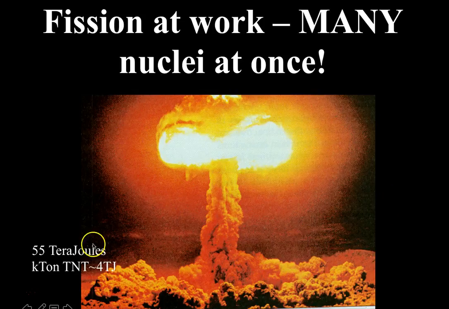Take a look at how many terajoules are created in such an instance. And so these are hard numbers to sort of think about, but a terajoule or 4 terajoules is about a kiloton of TNT. So now we're going to go with 55 terajoules, and then we're going to go to hydrogen weapons where it's even more so.